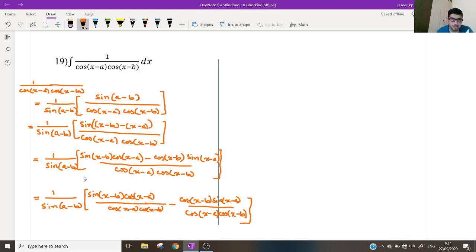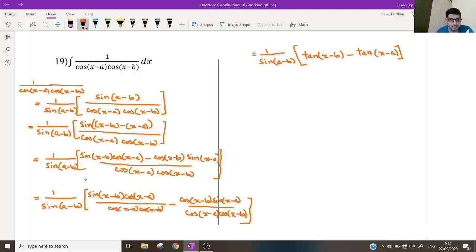So once the cos get cancelled, the term will become 1 by sin a minus b. So here cos and cos will get cancelled. So sin x minus b by cos x minus b, that is nothing but tan x minus b. Then minus, similarly cos and cos will get cancelled, it will become tan x minus a. So the expression is simplified in terms of tan.